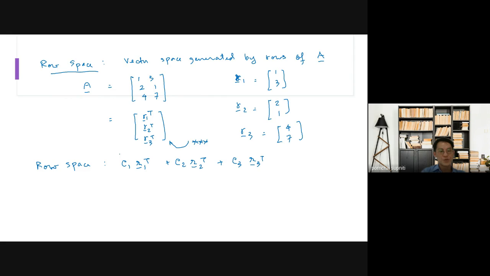It's a set of these generated vectors, the so-called vector space, where C1, C2, and C3 are elements of the field, which in this case is probably just the real numbers. So it means it's a set of C1 multiplied with (1, 3), plus C2 multiplied with (2, 1), and then plus C3 multiplied with (4, 7).